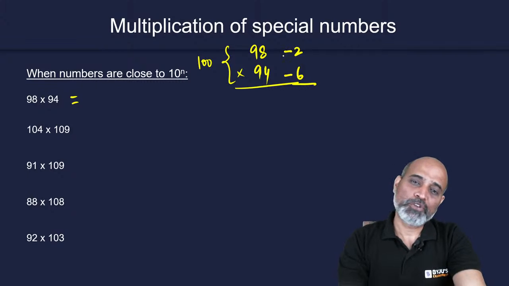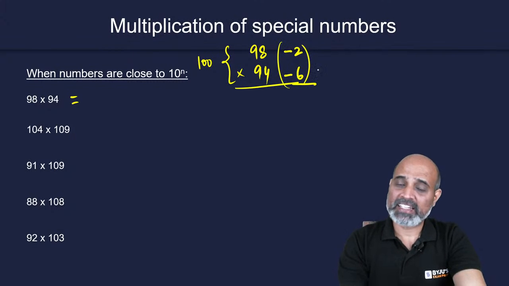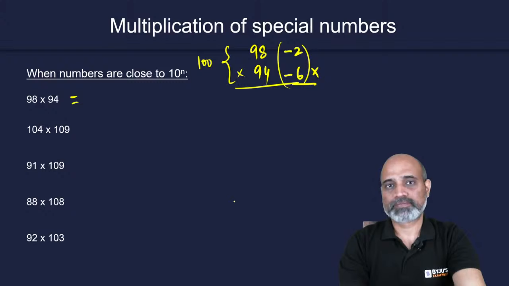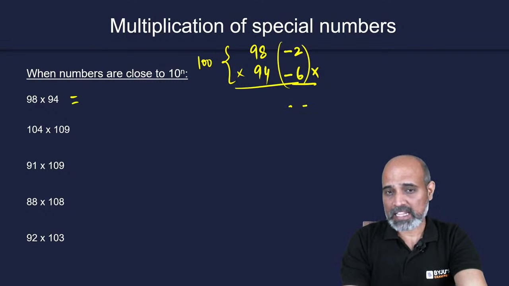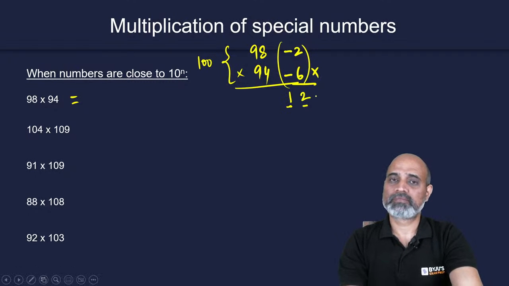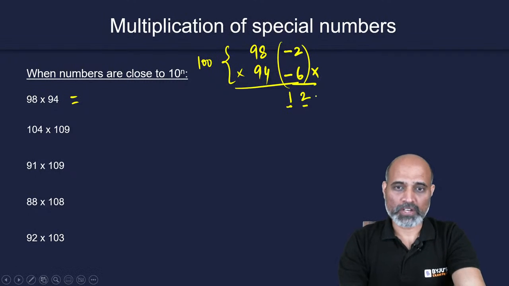So what you have to now do is take this and multiply. And you will be writing that as the last two digits. Minus 2 into minus 6 is 12. हो गया? Okay.